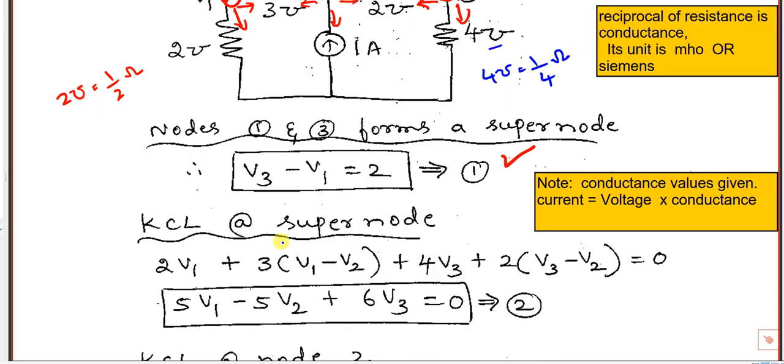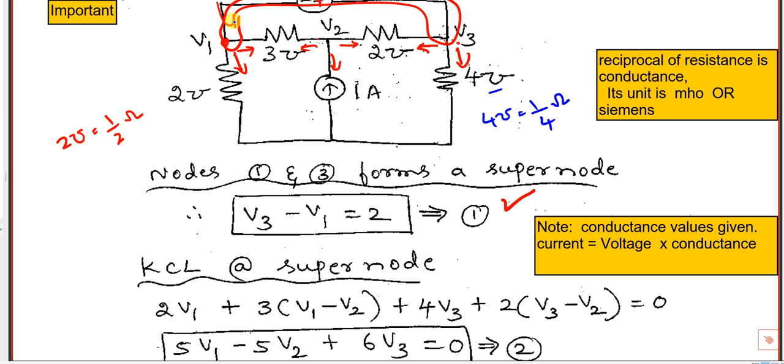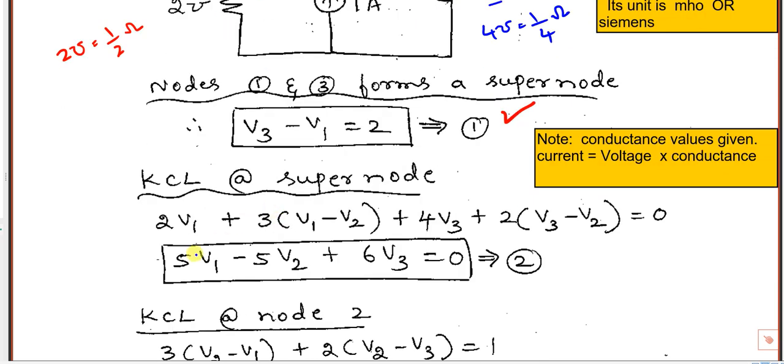So here I'll apply KCL for this one. V1 minus 0 by 1 over 2 ohms. Mho means 1 by 2, so this 2 will come to the numerator: 2V1.